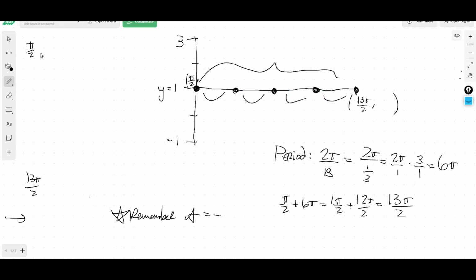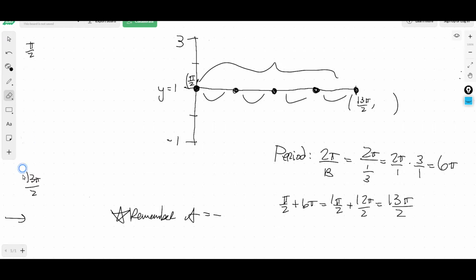So I need to have 1 point, 2 points, 3 points in between for 1, 2, 3, 4 segments. So I need to figure out, well, I'm breaking it up into 4 equal parts. Let me figure out, how long is each of those equal parts?